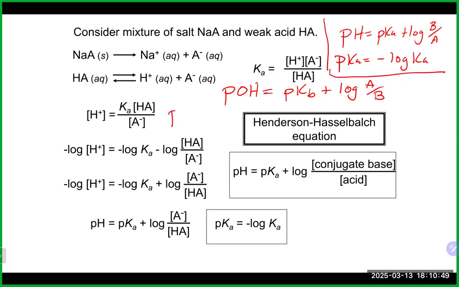And the pKb is equal to minus the log of the Kb. Now, why would you maybe want to use that? Well, some people are fond of that version of the equation when they're dealing with basic conditions, so they like to use that version of it. I personally think that's kind of a waste of time because in most cases you're looking for the pH, so why not just go into that equation and be done with it at the beginning? So I would go with that equation in most cases.